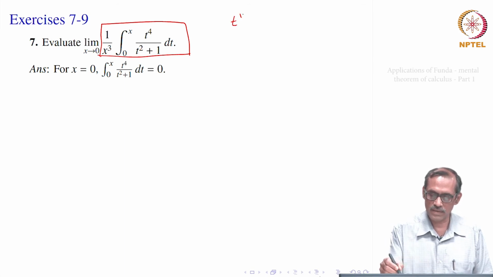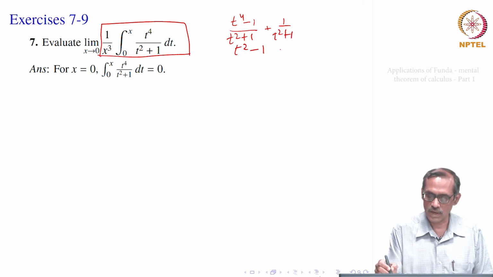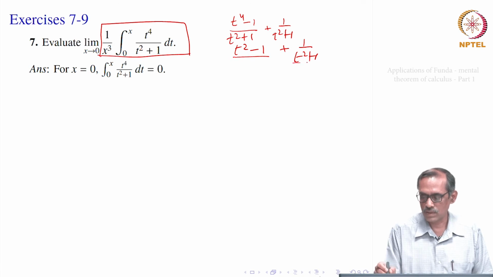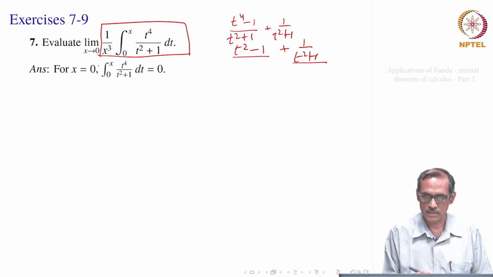You can take t fourth minus 1 by t square plus 1 and plus 1 by t square plus 1. First one gives t square minus 1, and second one kept as it is. Now, its integral, this you can integrate just like a polynomial, this will be tan inverse t. So, you can really integrate, substitute x and then go for the limit, fine, but that will be a bit lengthy. So, what we do?